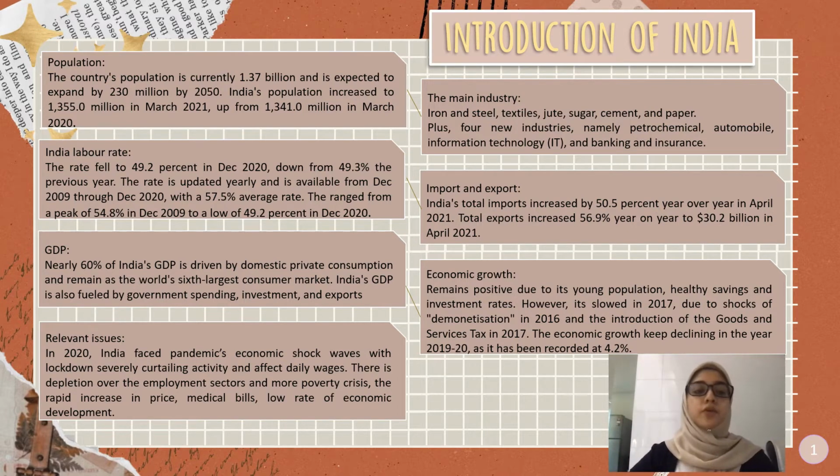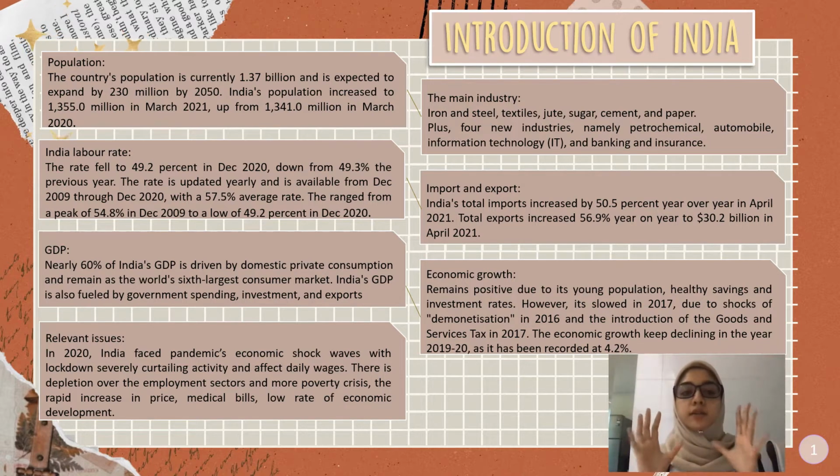Next, for economic growth, the long-term growth perspective of the Indian economy remains positive. However, the economy slowed in 2017 due to shocks of demonetization in 2016 and the introduction of the goods and service tax in 2017. India's GDP growth had been declining even before the COVID-19 pandemic struck the world.